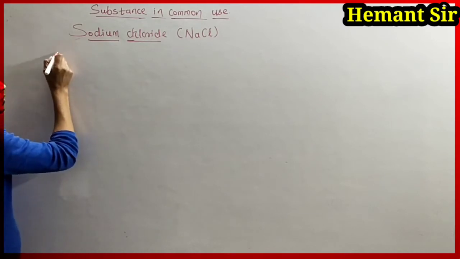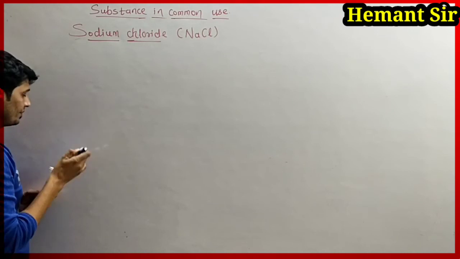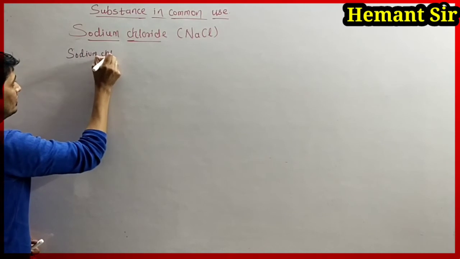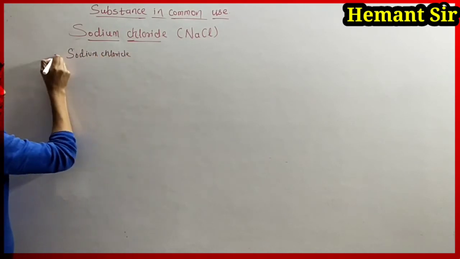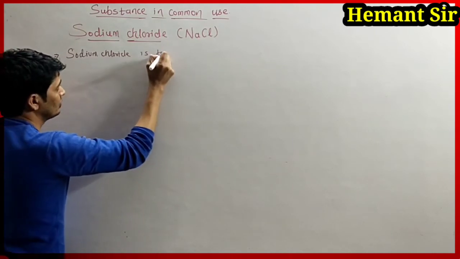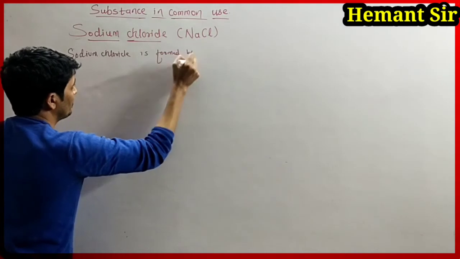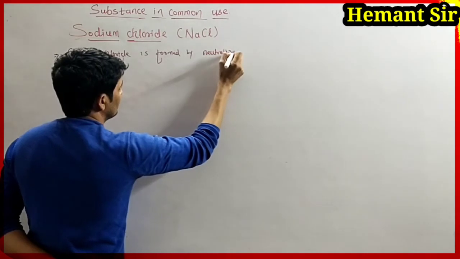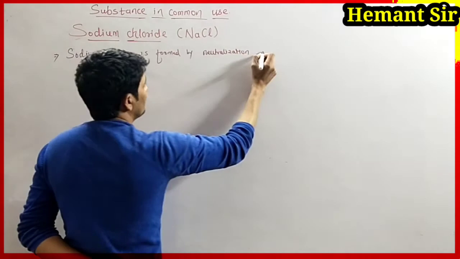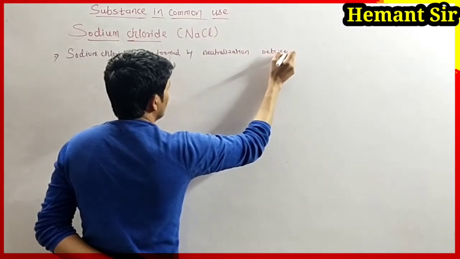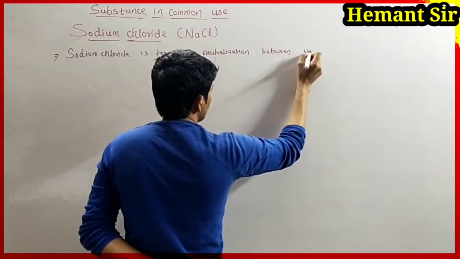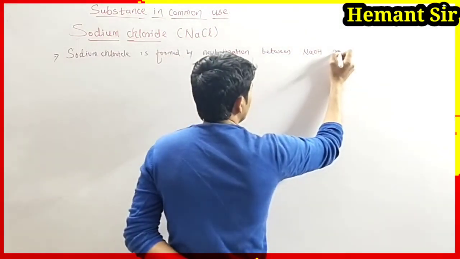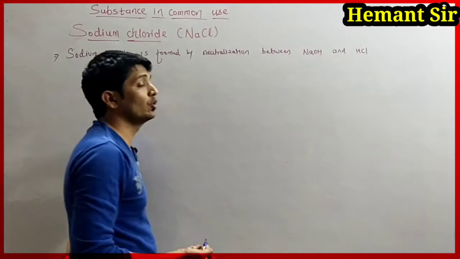Sodium chloride is formed by a neutralization reaction between NaOH, which is the base called sodium hydroxide, and HCl, which is hydrochloric acid.